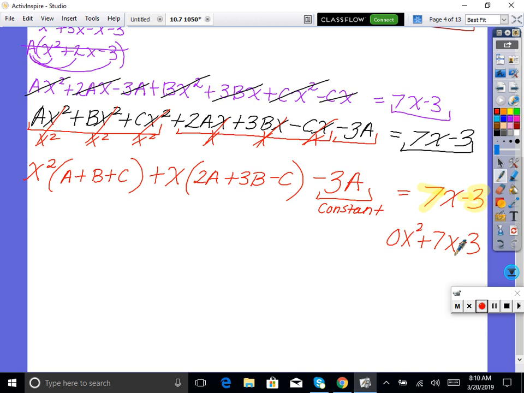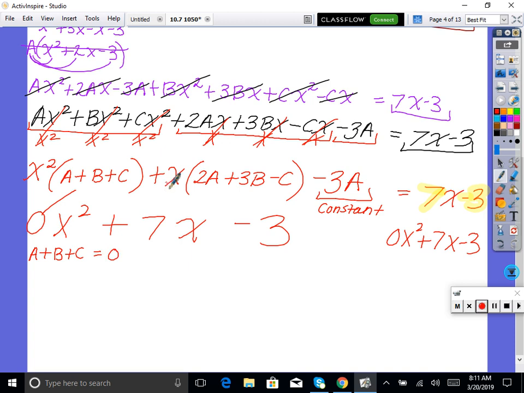Wasn't that the original problem technically? So let's line things up. We need there to be 0x squareds plus 7x's minus 3. Line up what the true statement is. What's with our x squared? 0 and a plus b plus c. So my true statement is a plus b plus c needs to equal 0.